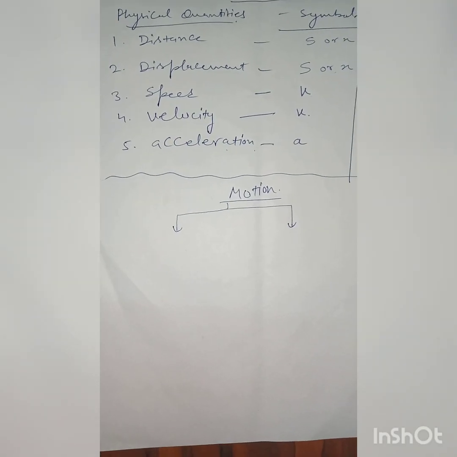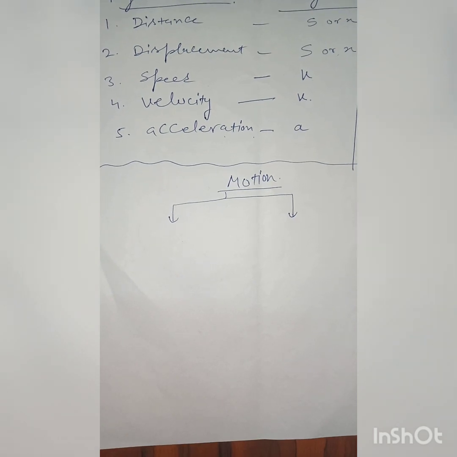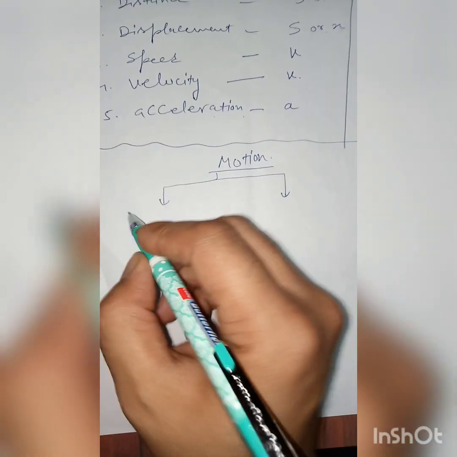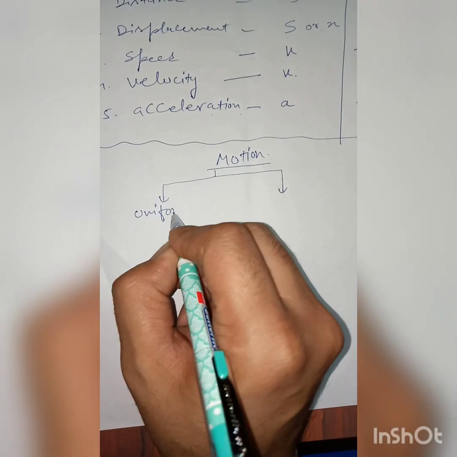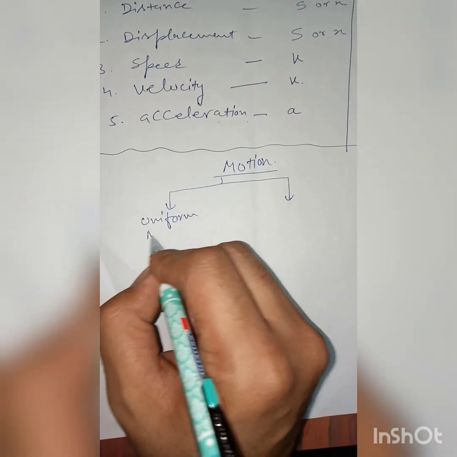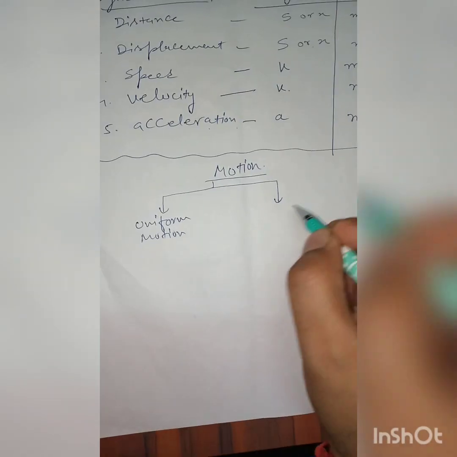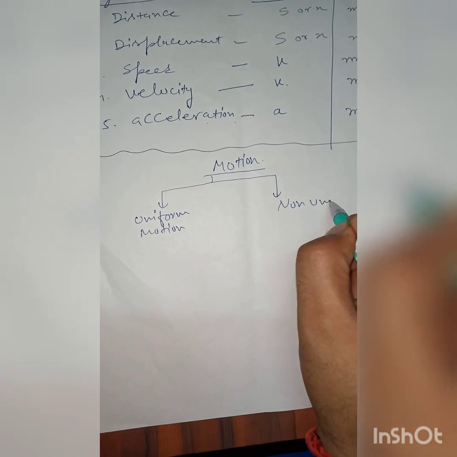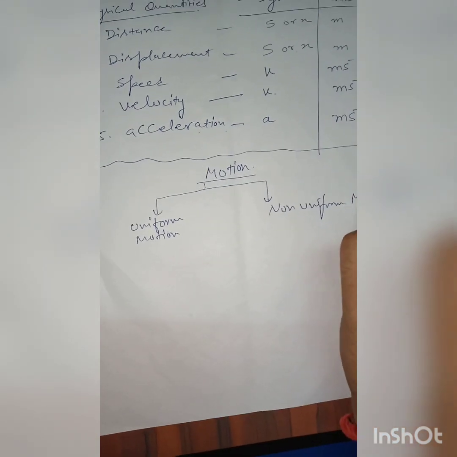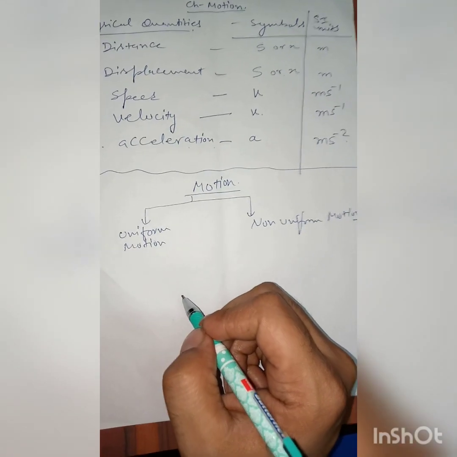Now there may be two types of motion: uniform motion and non-uniform motion.